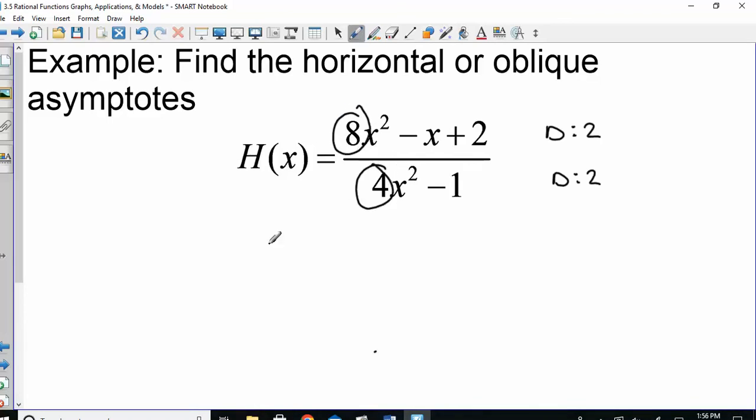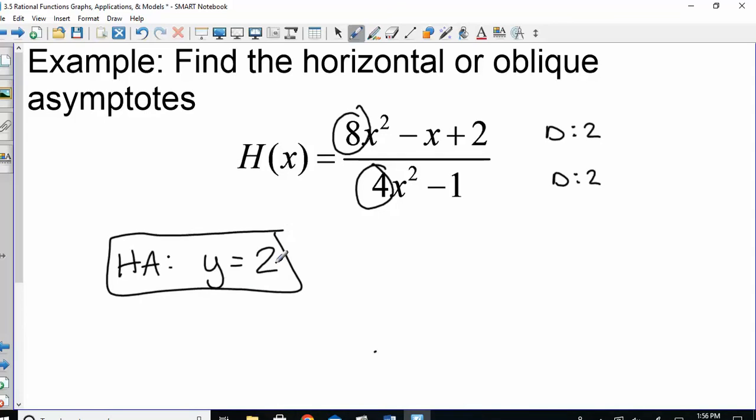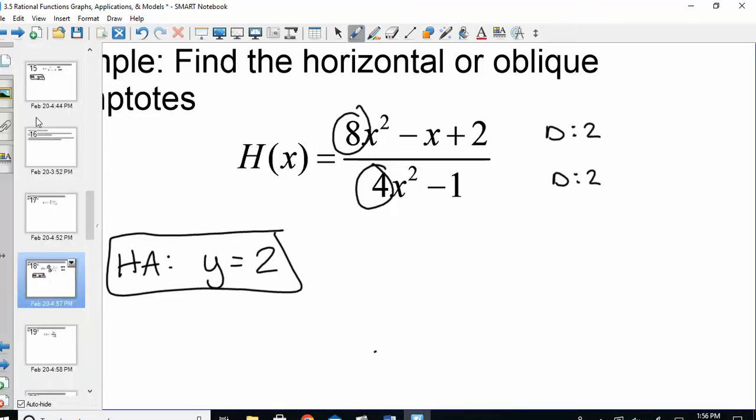Our leading coefficients, that's the 8 and the 4. So this is horizontal. Y equals, what is 8 divided by 4? 2. So if you know your rules, the horizontal asymptote is not difficult to find, you just have to know what your rule tells you.